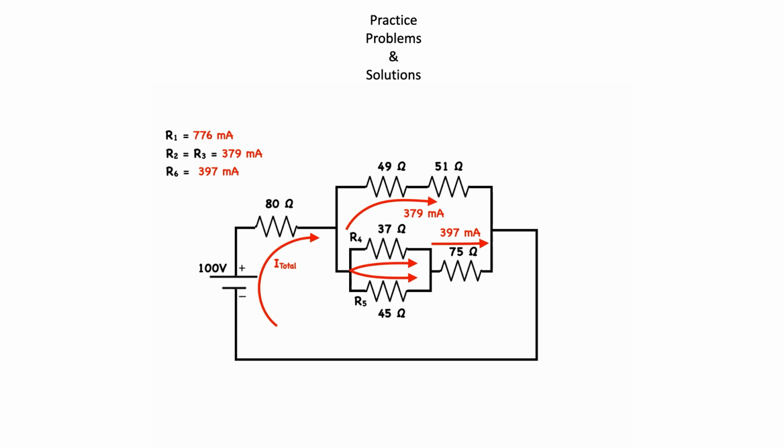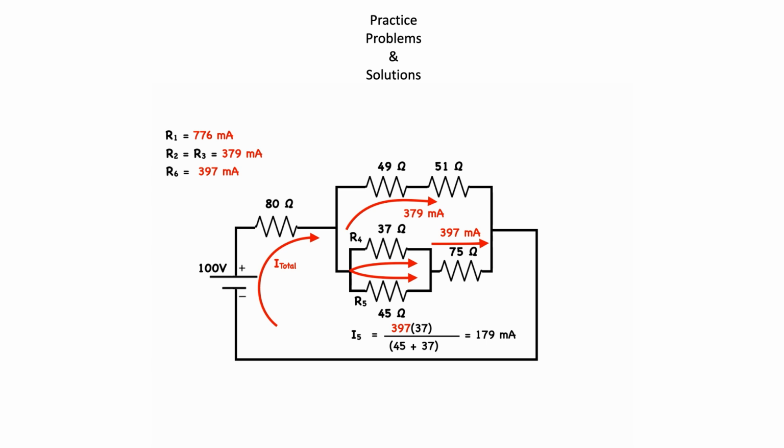Applying current division, we can find the current through the 45 ohm resistor, which is 397 times 37 divided by the quantity 45 plus 37, which is equal to 179 milliamps.